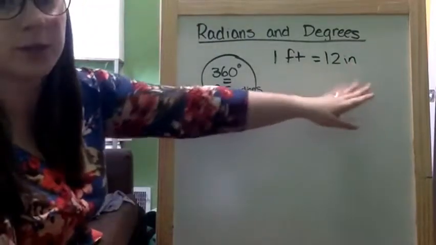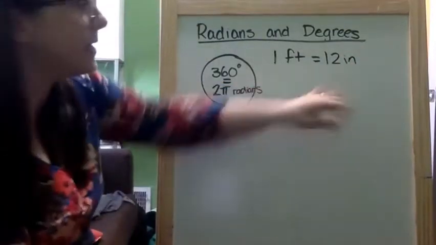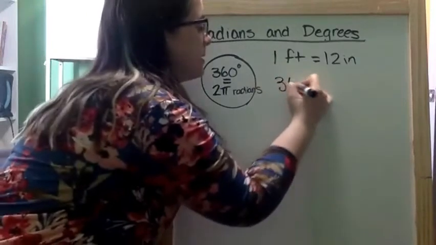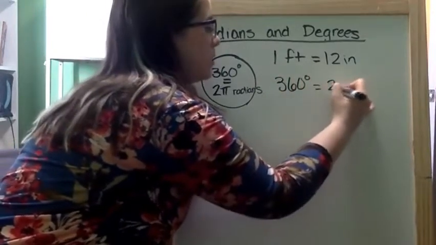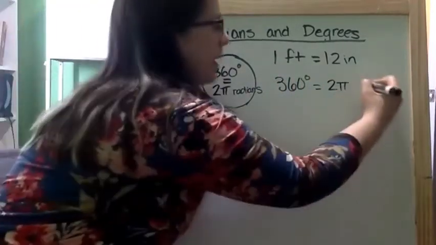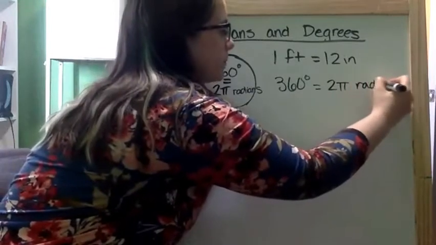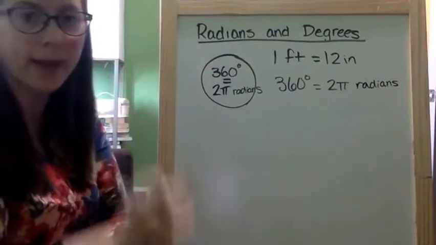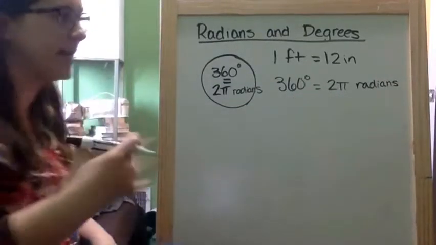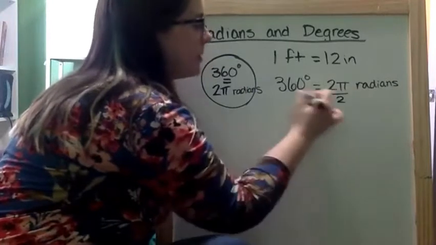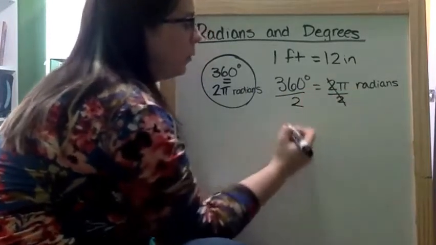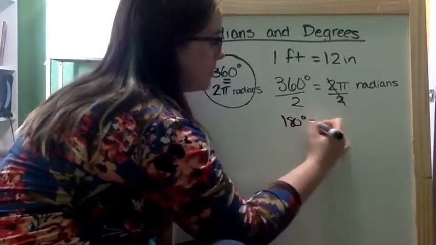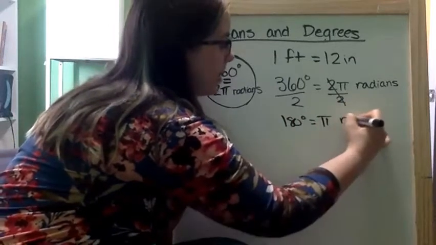That allows us to convert between feet and inches. 360 degrees is equal to 2 pi radians. But because of that 2 pi, what helps us is actually being able to take out that 2. So if we divide both sides by the 2, we now have 180 degrees being equal to pi radians.